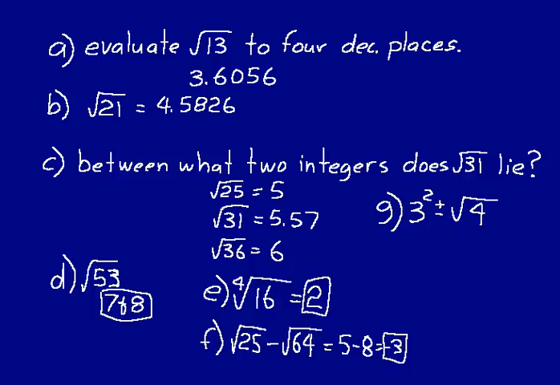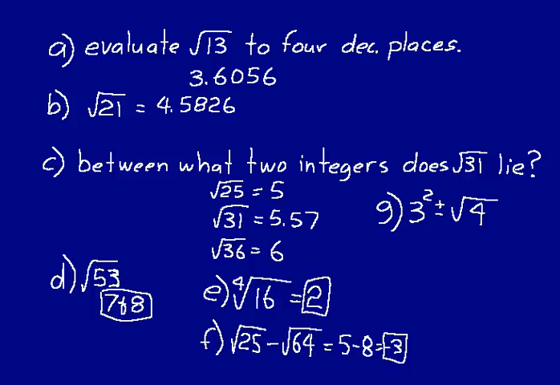Now, since we've been talking about plus and minus, look at practice problem G. And this is about evaluating plus and minus signs. What if you had a problem like that, where it says 3 squared plus or minus the square root of 4? Well, what that means is that you're going to have 2 solutions when you evaluate it. One of them will be 3 squared plus the square root of 4. The other will be 3 squared minus the square root of 4.